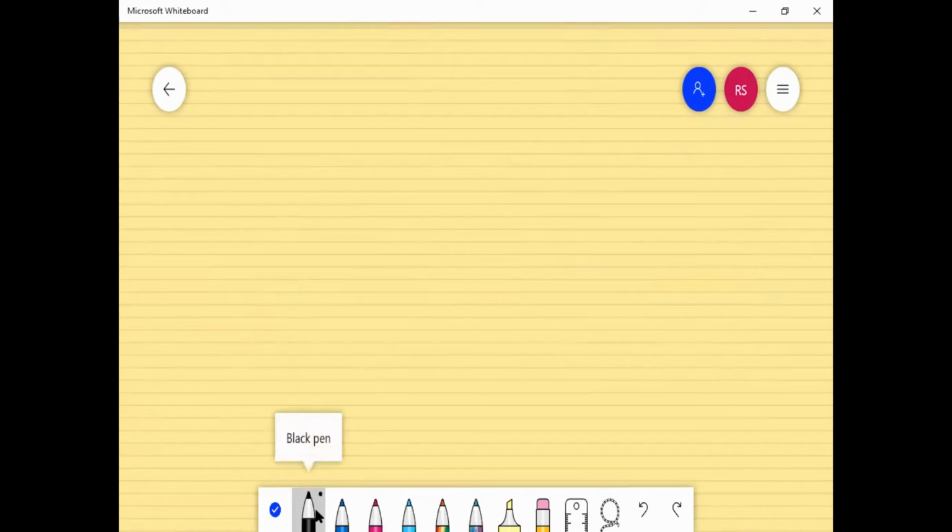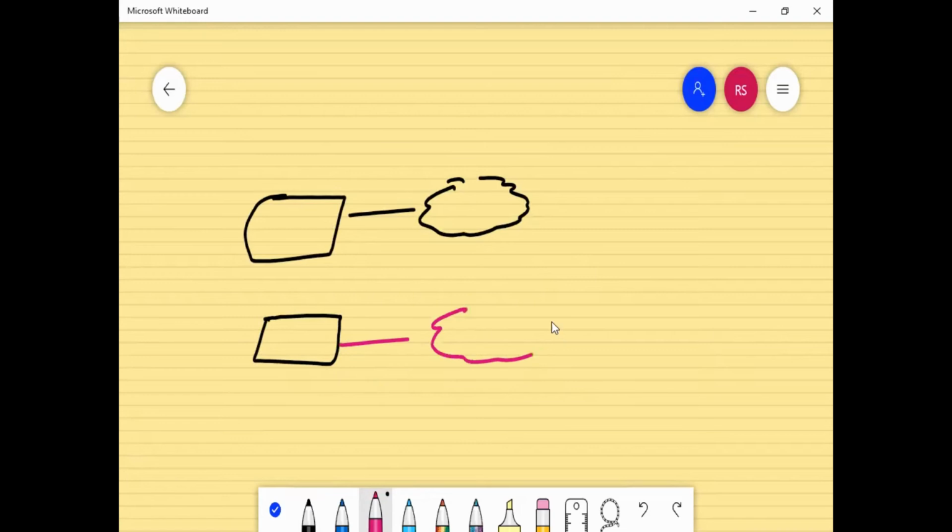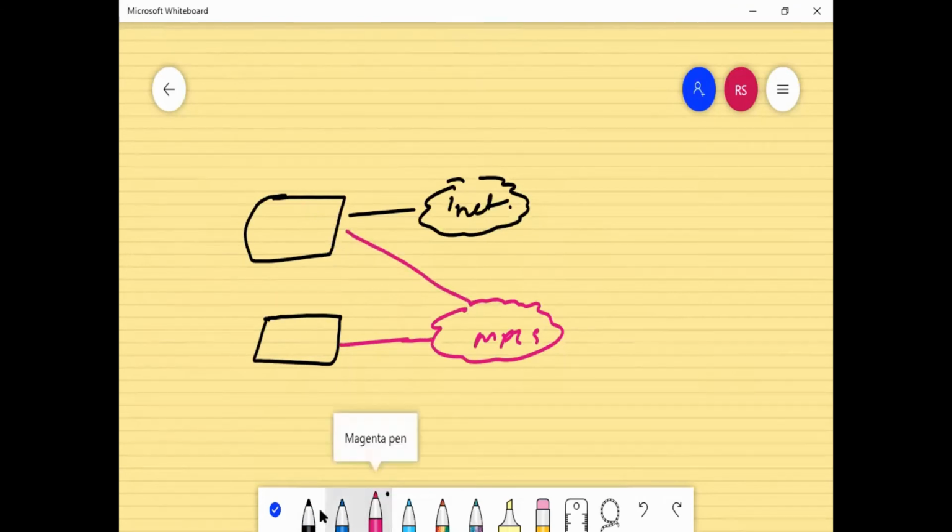What I was saying is that if you have a couple of devices and these devices have connections, one can be your MPLS and the other your internet. And again, you can have redundancy also. That is not an issue.